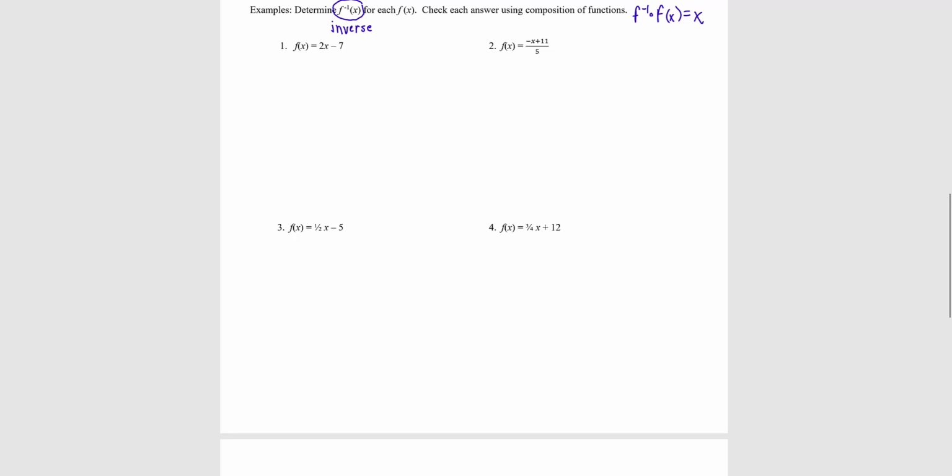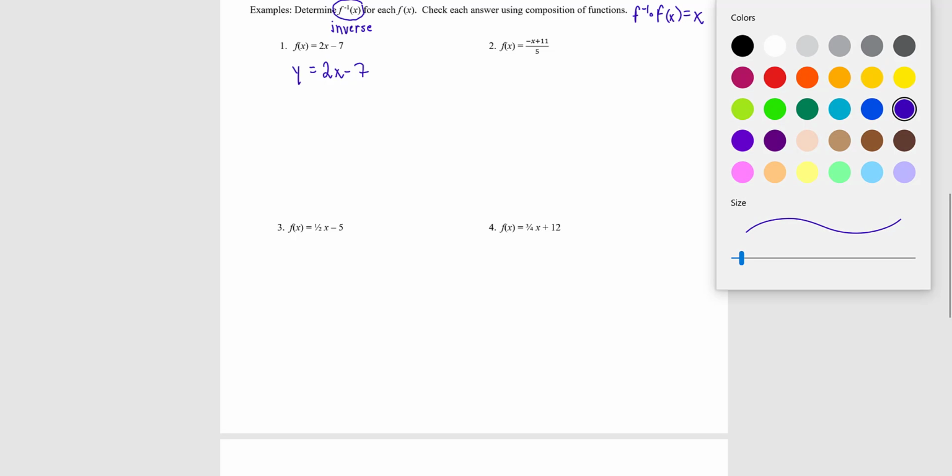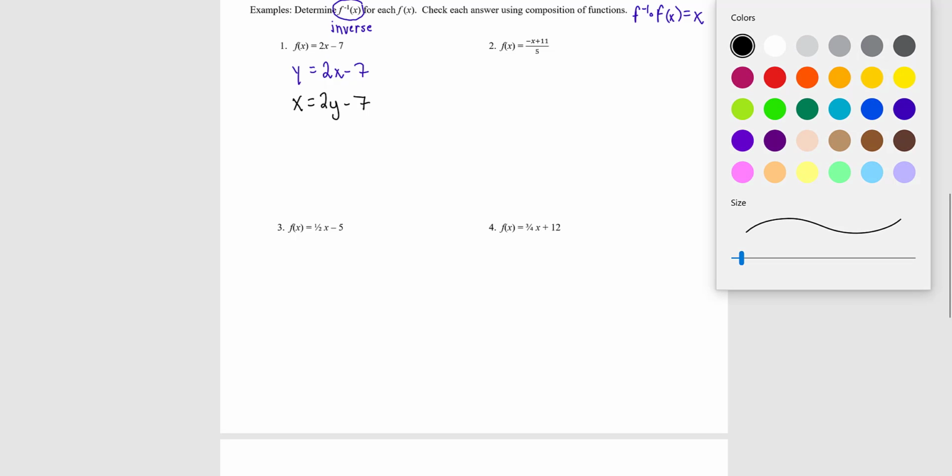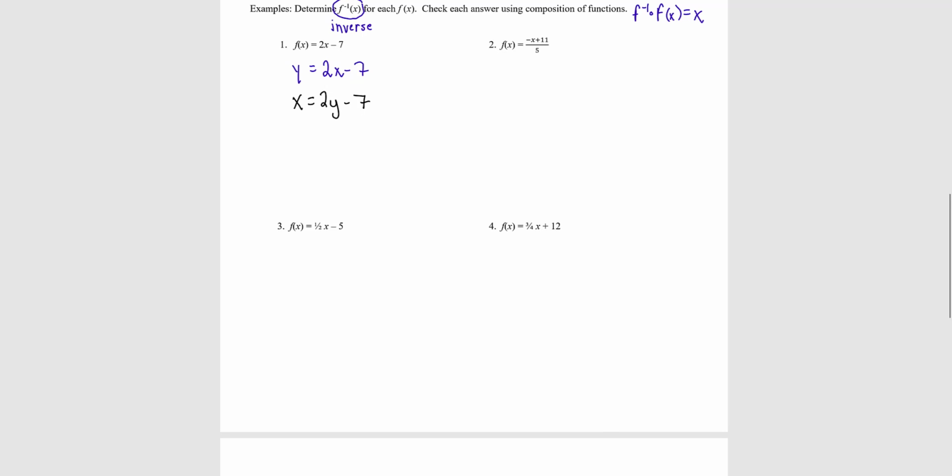All right, so step one on number one is rewrite it as y equals instead of f of x equals. And then step two, since inverses have xy's that are reversed, we're going to reverse the x and the y. And then finally, step three, we're simply going to solve this for y.